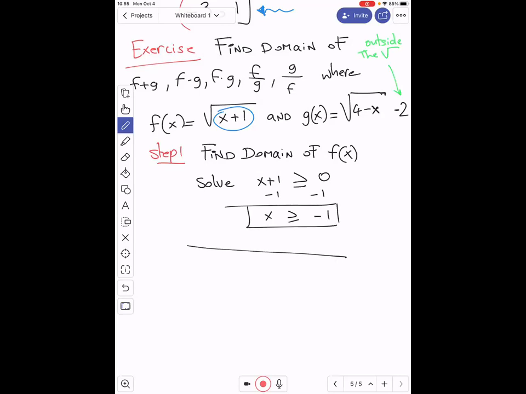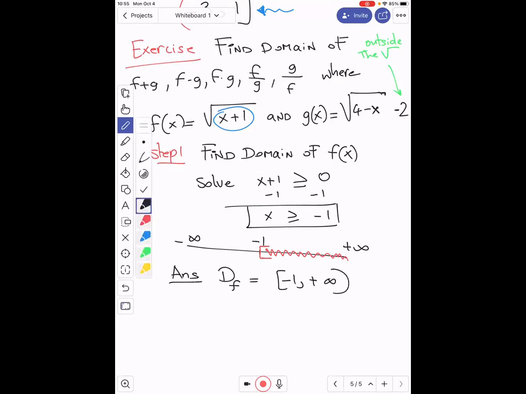So on your number line, your x must be on the right side of -1. It's larger or equal to -1, so we need to include the -1, of course. So the domain of f is [-1, positive infinity).